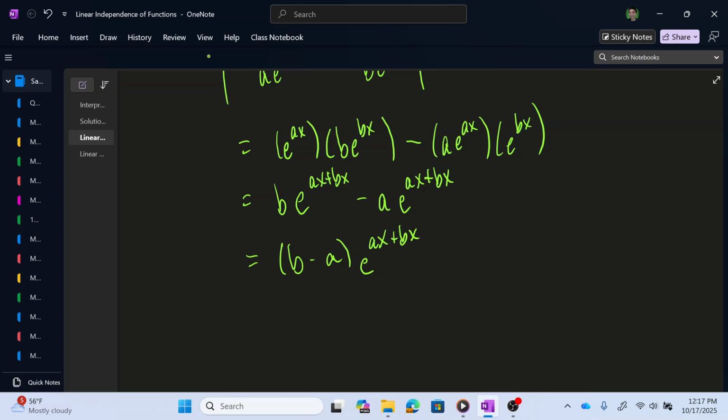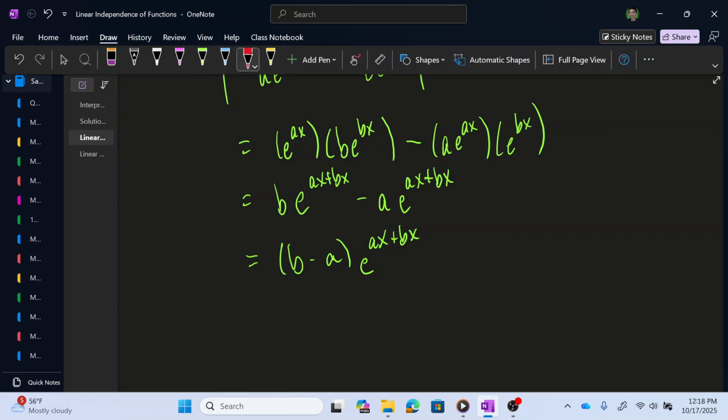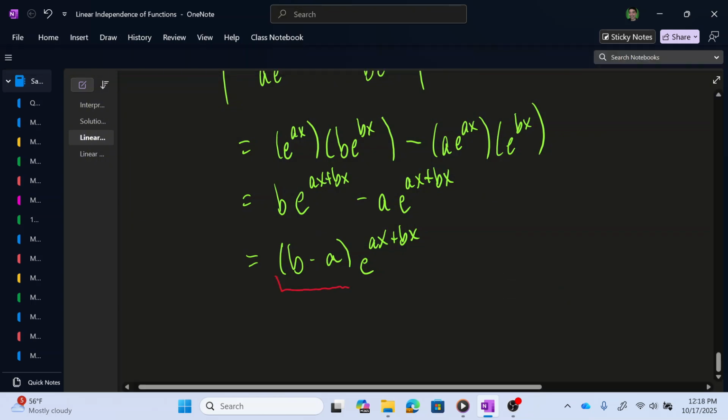And I'm asking the question, is this guy equal to 0 for all values of x? Is this guy equal to the 0 function? And once again, that is determined entirely by what b minus a is doing. If b minus a is 0, then the whole thing becomes 0.